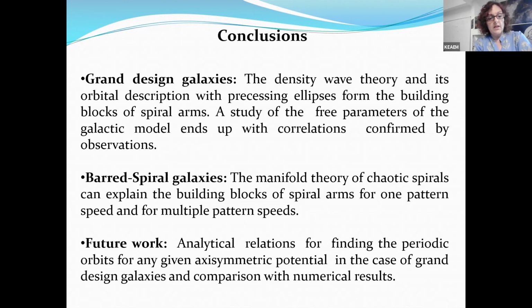We suppose that because we have a bar in the center and a lot of chaotic motion, the theory that explains the spiral arms is the manifold theory out of chaotic orbits. But it can also be the other theory of precessing ellipses, because we see that we have two very well-defined spiral arms. So we don't have yet many data from the Milky Way to be sure that it is one or the other theory.